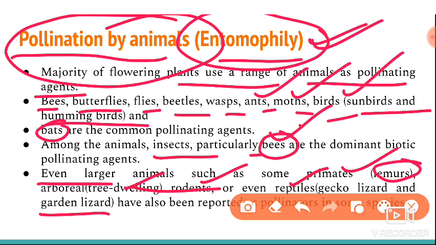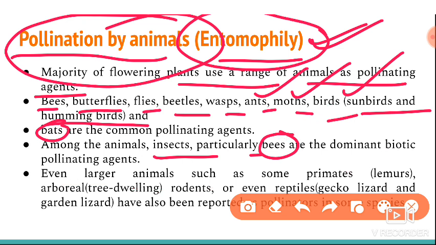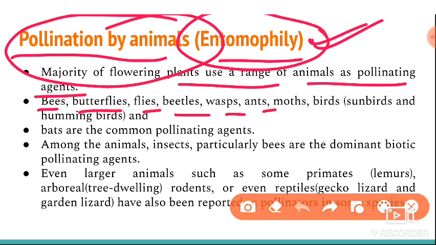Because they use abiotic agents for their pollination, so there is no need to attract them. They don't need to attract the air or the water.